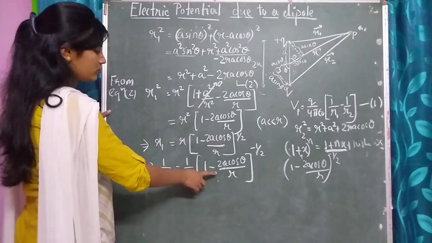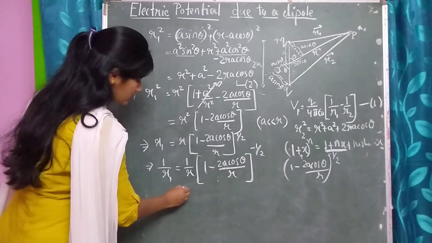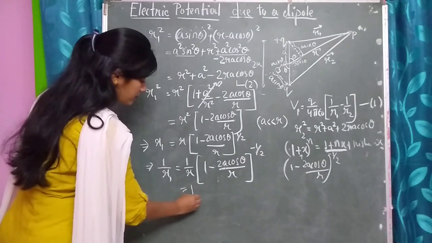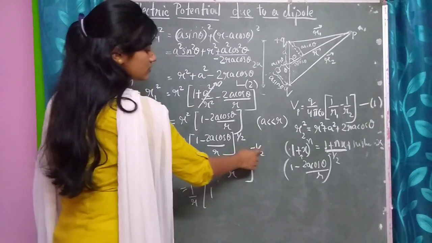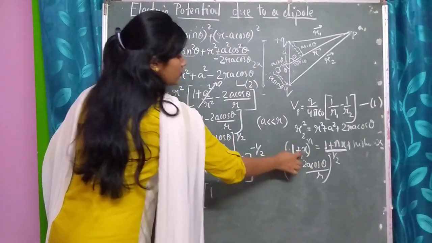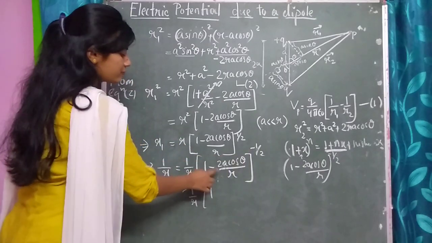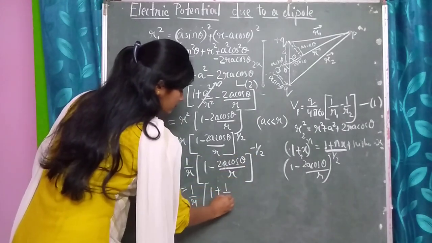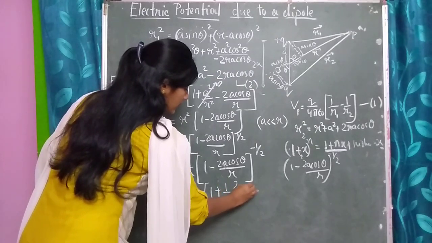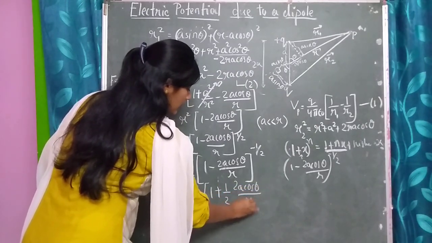So 1 by r1 equals 1 by r times (1 plus half into 2a cos theta by r).